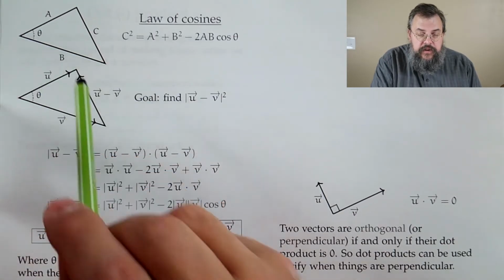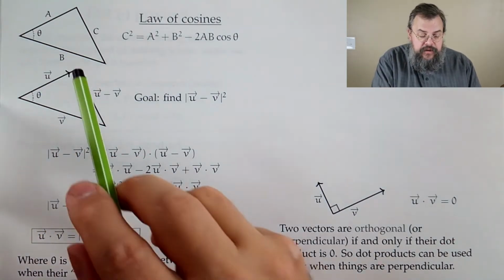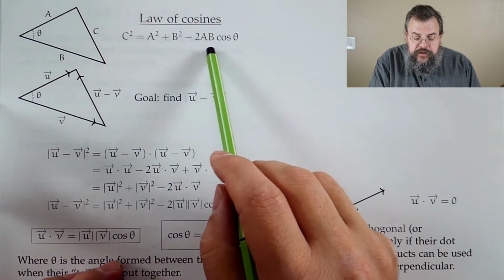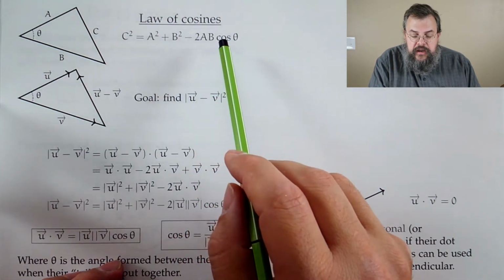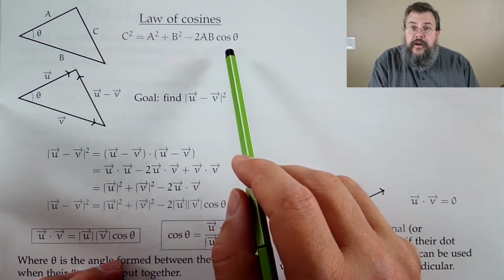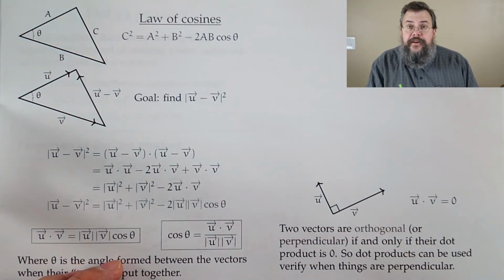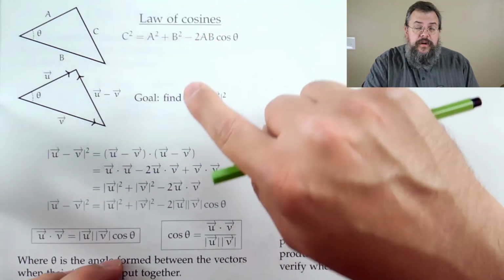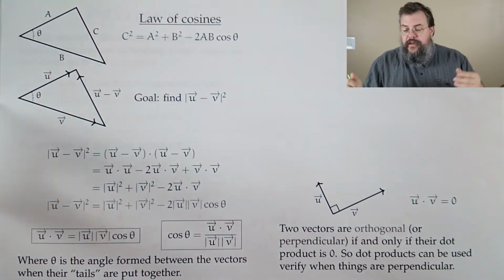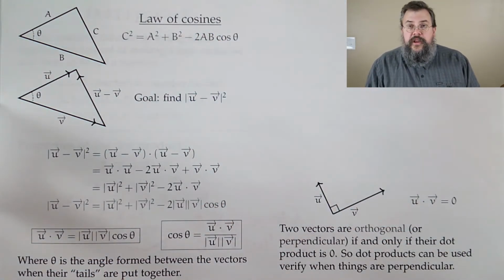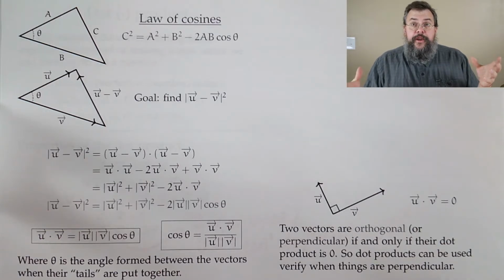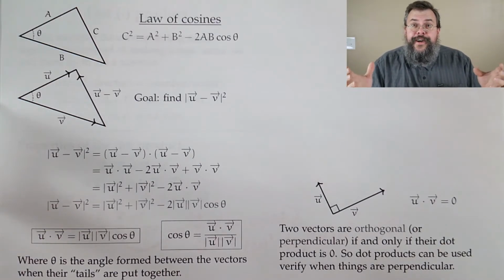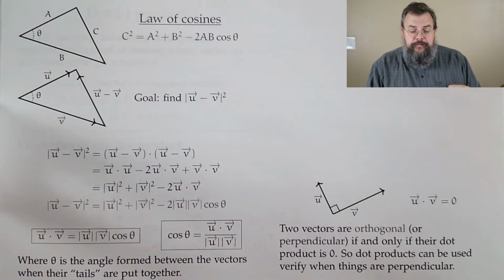If I think of this as the angle opposite the hypotenuse, then there's this extra piece, 2ab cosine theta. Notice, when theta is a right angle, cosine is 0. So that's where you get a squared plus b squared equals c squared. It really is a generalization of the Pythagorean theorem. And the Pythagorean theorem connects to distance. Well, that's a good clue that there might be a nice connection here with the dot product.